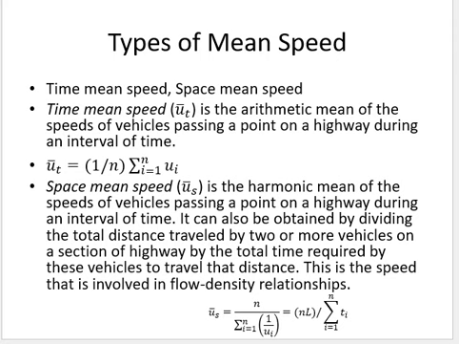Then you don't have to do the harmonic mean. You can calculate the space mean speed using this. N is the number of vehicles you observed. L is the length of the road for which you are measuring the time. And Ti is the travel time of each vehicle.